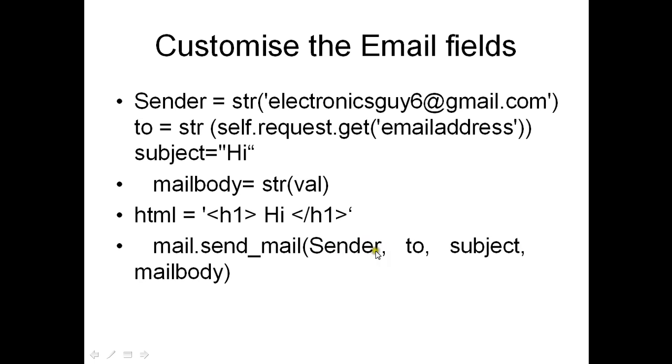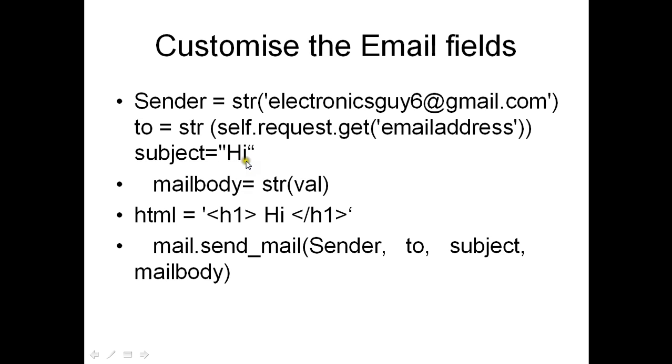So the first argument is done in the mail.send_mail function. Coming to the to argument, I'm taking the email address from the user with the help of form input. So self.request.get the email address from the user, convert it into string format, and then save it into the variable called to. The subject can be anything. You can place the relevant subject over here.